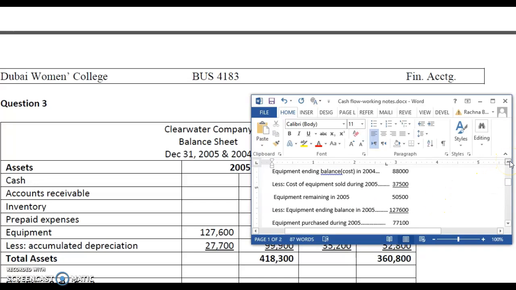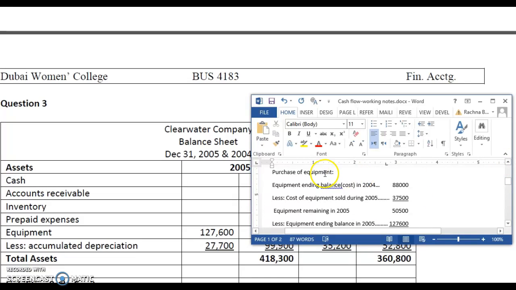To repeat my explanation, we need to calculate the cost of the equipment purchased during 2005. For this, we first start with the equipment ending balance in 2004, which is 88,000. From here, we will first deduct the equipment which has been sold. So we take the amount at cost, which is 37,500.